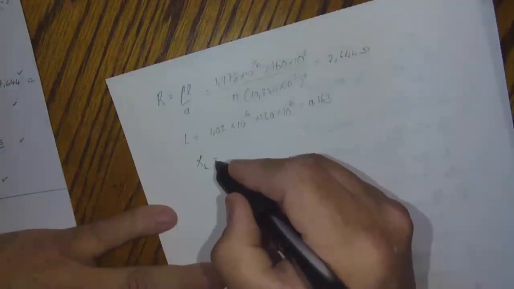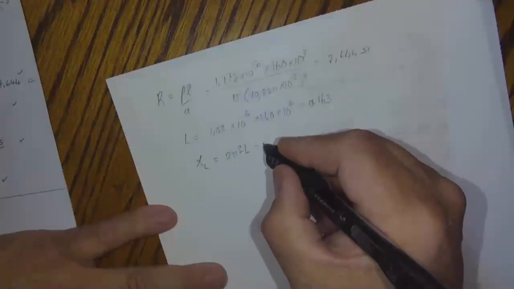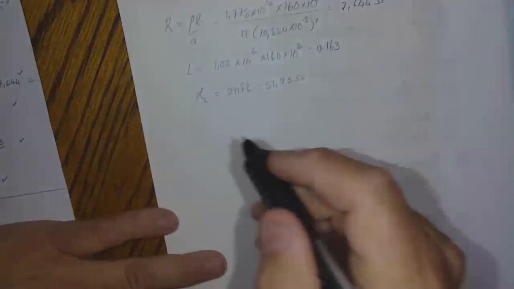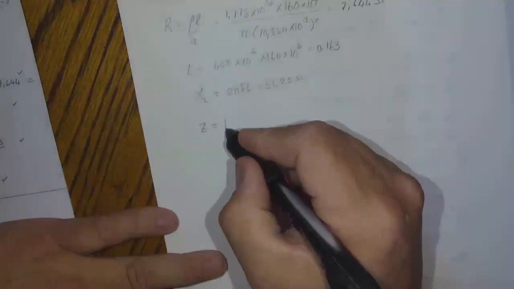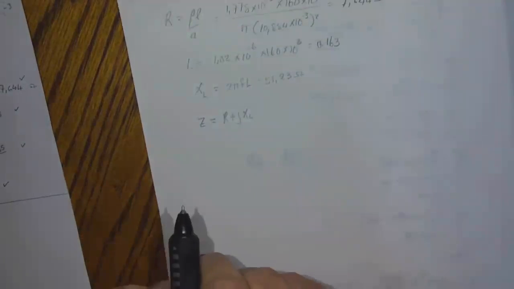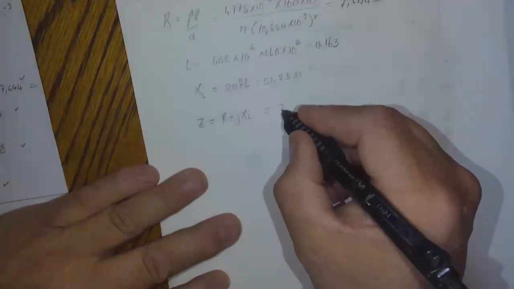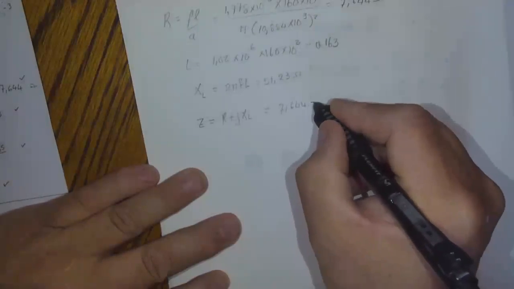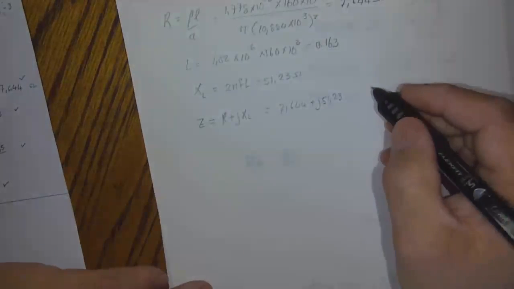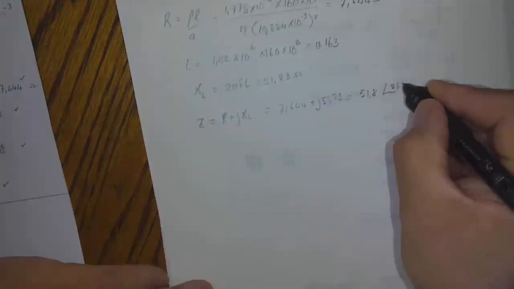XL is 2 pi FL, and that gave us 51.23. Z is only R plus jXL. We don't consider capacitance. So that means it's 7.64 plus j51.23. That gives us 51.8, angle 81.5.